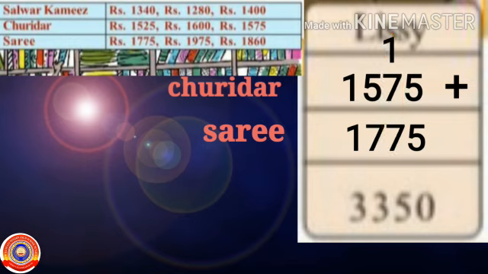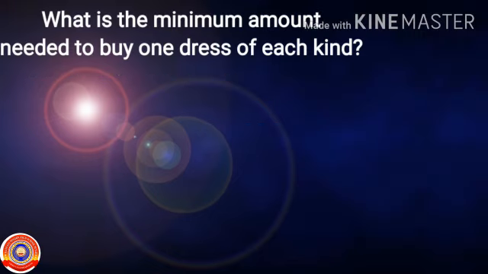For 15, 5 here, 1 is to be carried in the hundreds place. 7 plus 5, 12. Plus 1, 13. For 13, 3 here, 1 is to be carried in the thousands place. 1 plus 1, 2. Plus 1, 3. 3,350. So, Lizzie bought these two dresses with 3,350 rupees.